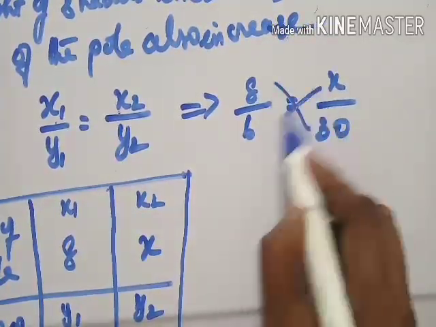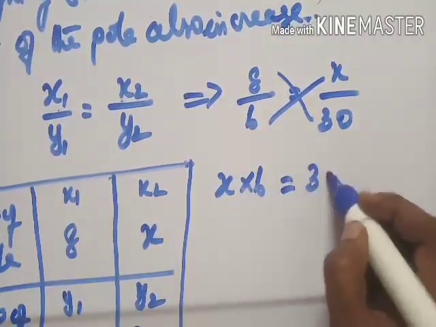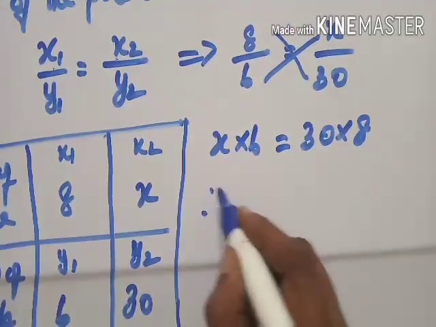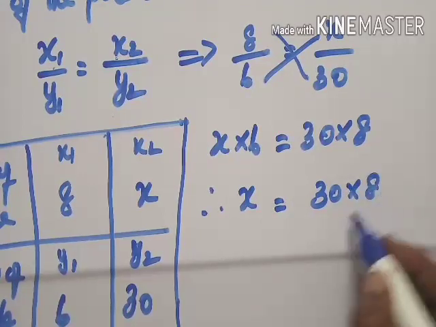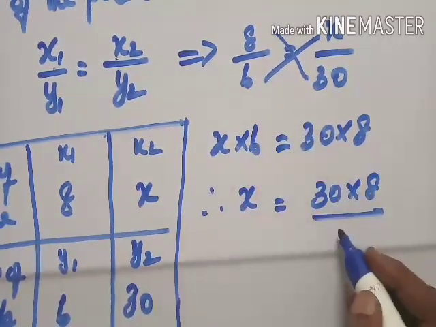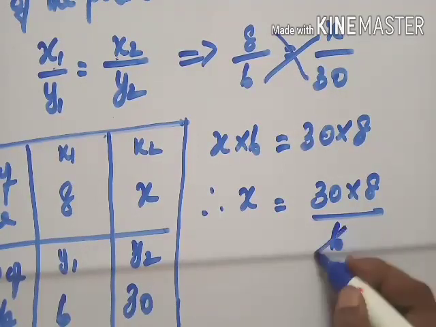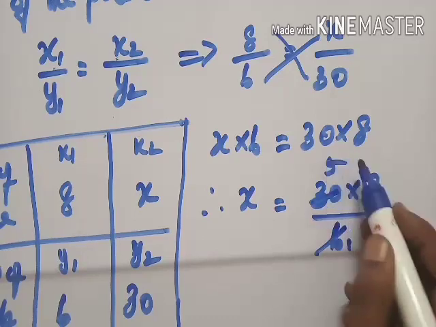So do the cross multiplication. x into 6 is equal to 30 into 8. So we have to find the value of x. Therefore, x is equal to 30 into 8 divided by 6. Do the cancellation now. How many 6s are there in 30? 5. Right.